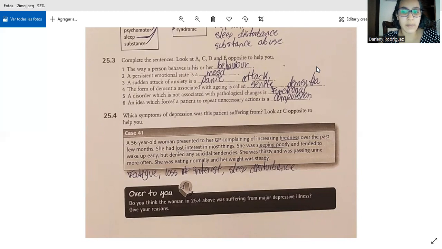She was sleeping poorly and tended to wake up early, but denied any suicidal tendencies. She was thirsty and was passing urine more often. She was eating normally and her weight is steady. And the symptoms are fatigue or tiredness, loss of interest, and sleep disturbance.